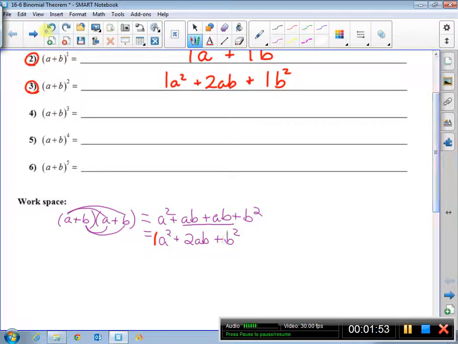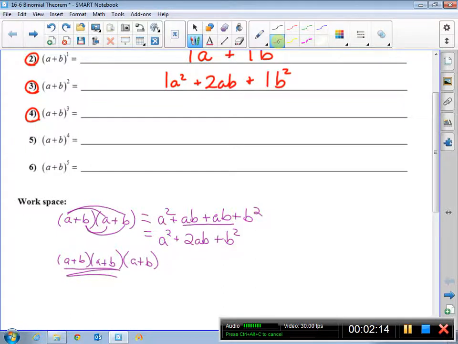The next one is a plus b all cubed. I'm not going to do this, but I could do a plus b times a plus b times a plus b and start all over, right? But my first step would be to FOIL these.